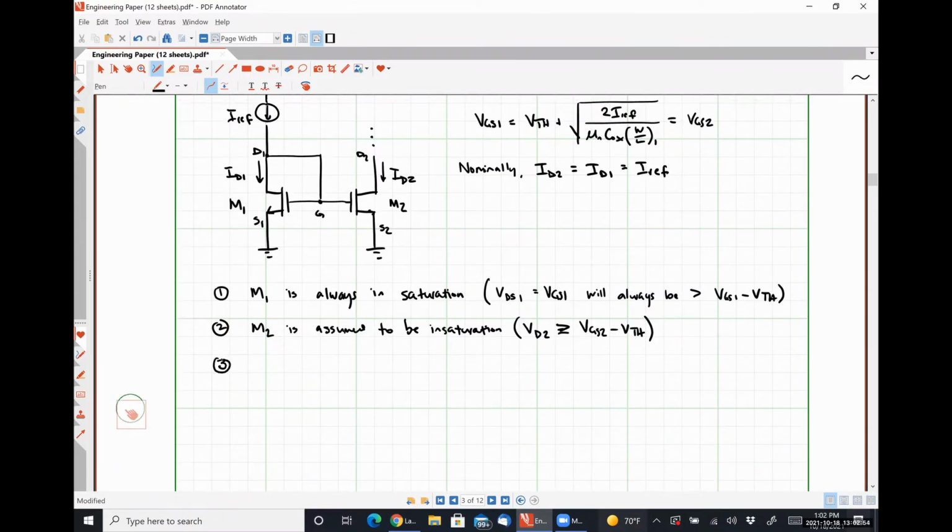Important note number 3 is that channel length modulation affects this.